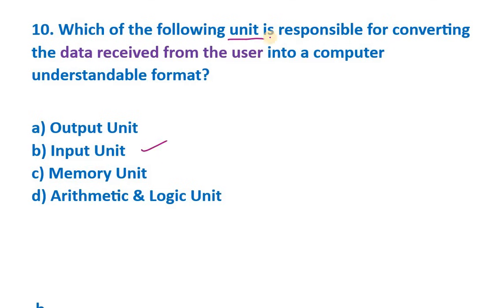That is, which of the following units is responsible for converting the data received from the user? A user means the person who is using the computer. When he writes some information, that goes from the input unit to the CPU, or to the computer, in an understandable format. So input unit or input device is what sends the data to the computer. It will convert.